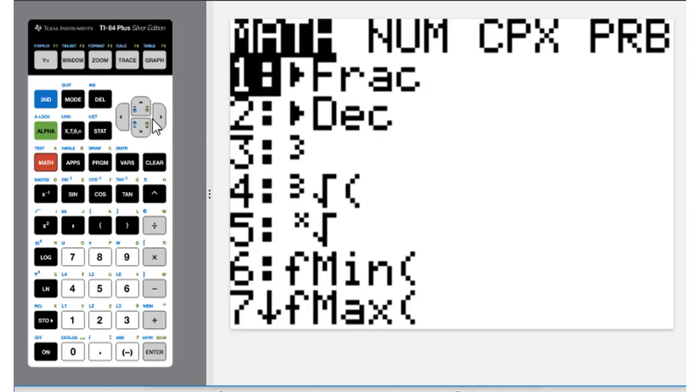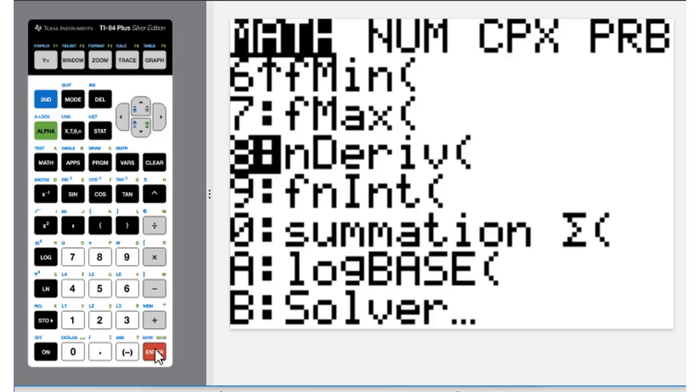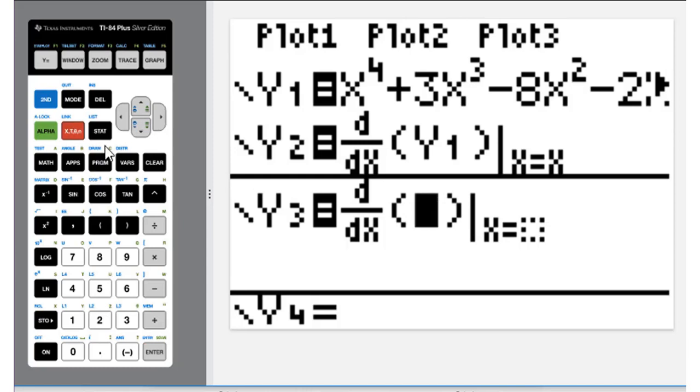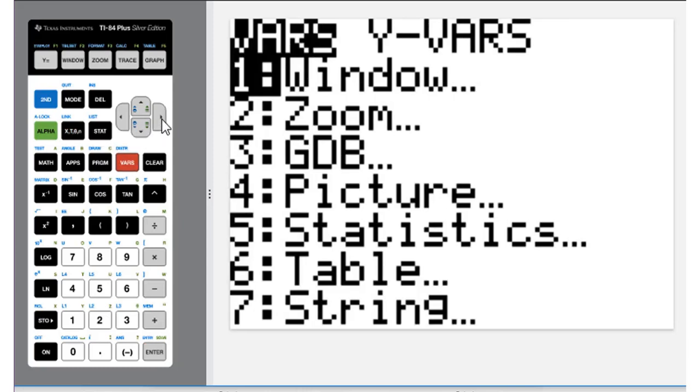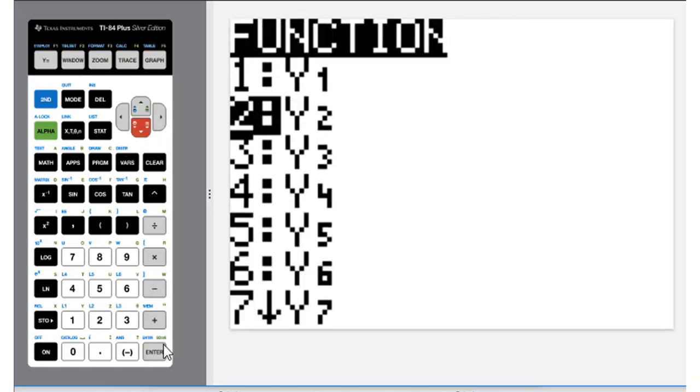So we go to math. Then move the arrow to derivative. Enter. This time still x. Here's y2. So go to variables, Y variable, enter. Then this will be y2.